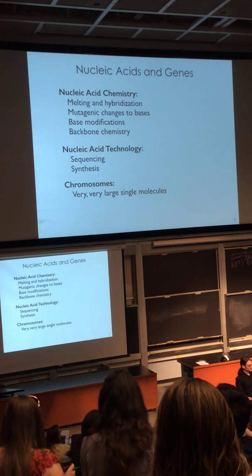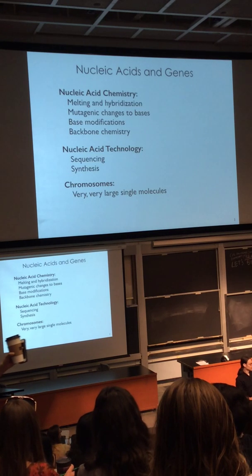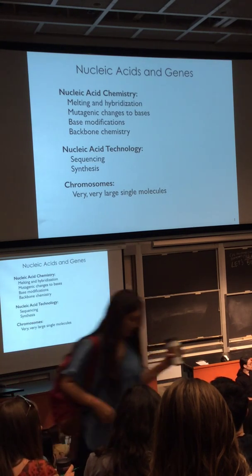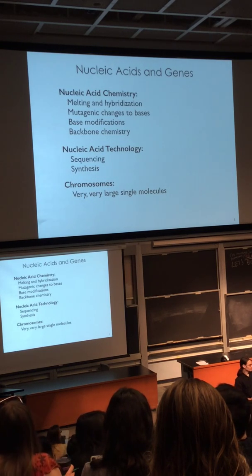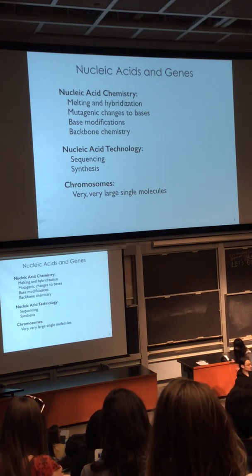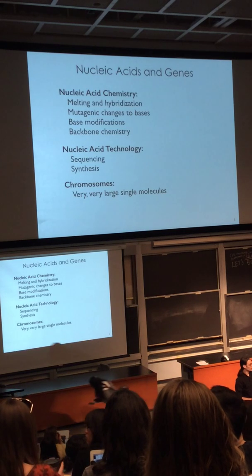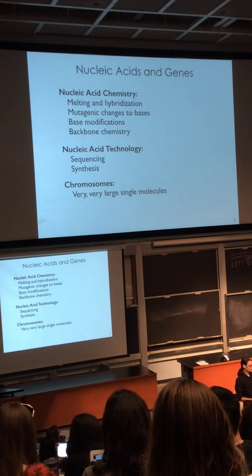And then finally, we're going to discuss briefly the fact that chromosomes, the actual full complement of genetic material in a living organism, is a very, very large single molecule, essentially, and that causes some substantial problems for the cell that we're going to be discussing in future lectures.